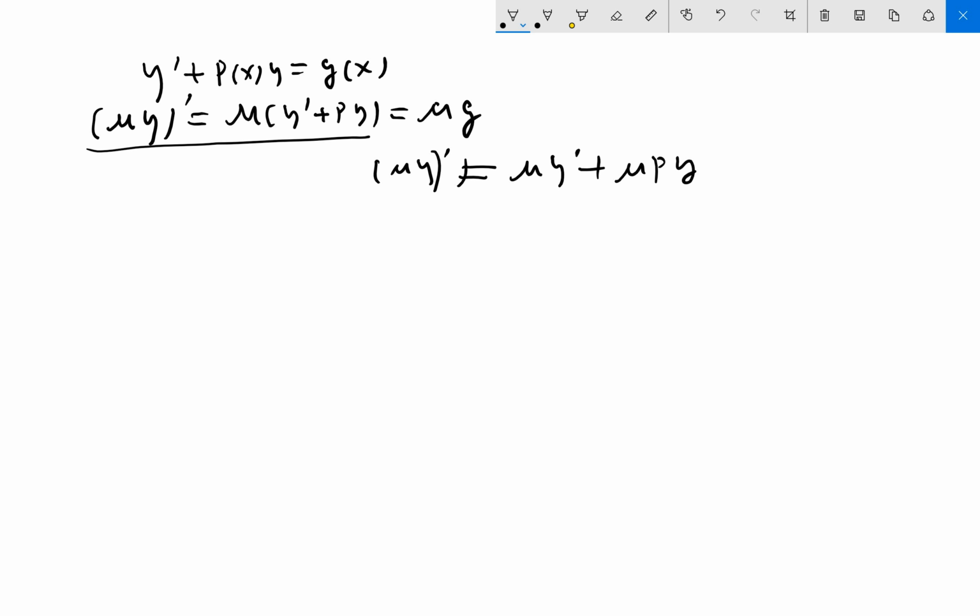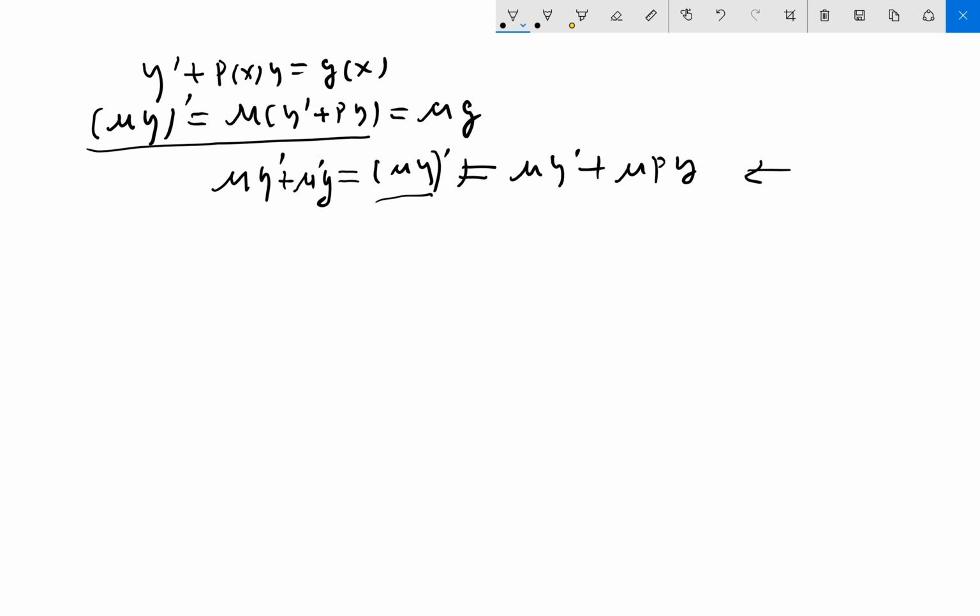On the other hand, mu is a function of x, so is y. Therefore, if we use the product rule, these things can be written as mu y prime plus mu prime y. Therefore, this is the equation mu need to satisfy to achieve this goal.